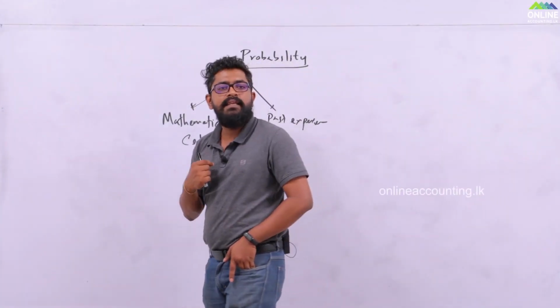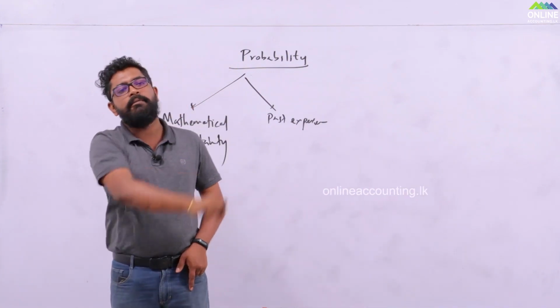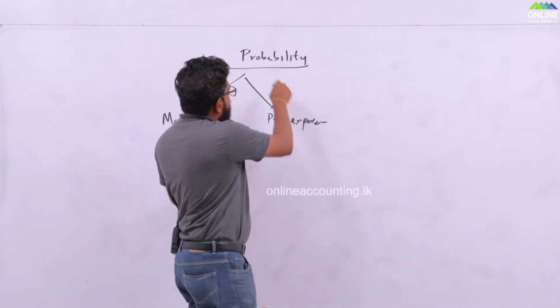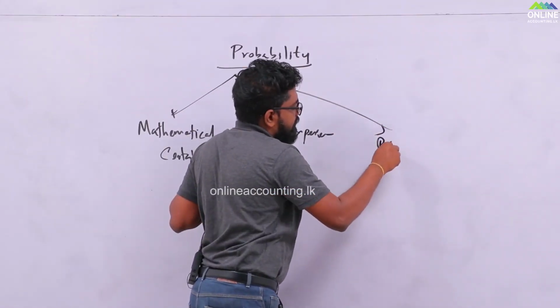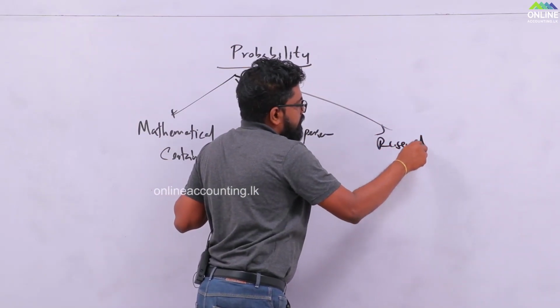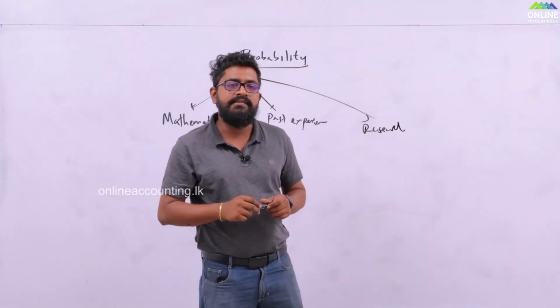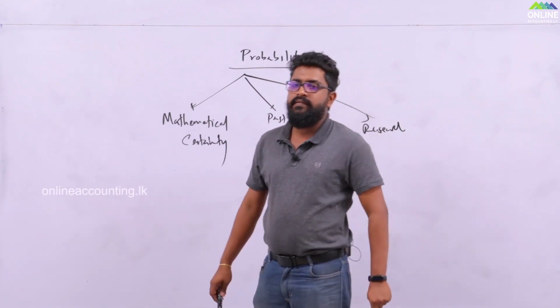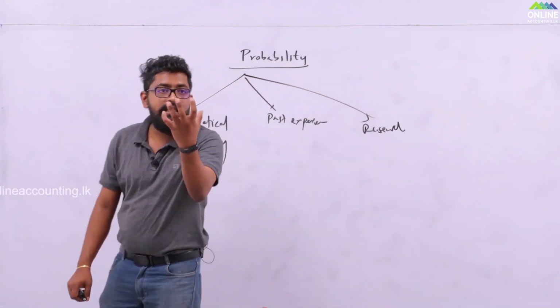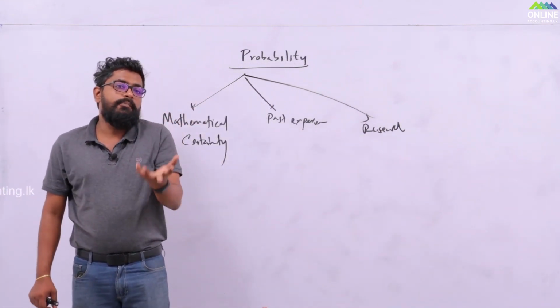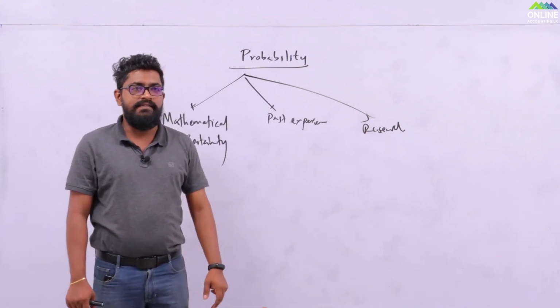Based on the past experience that we have, we can assess the probability. Next, the researchers, experiments, surveys, something where we are taking a sample out of the population and doing research.